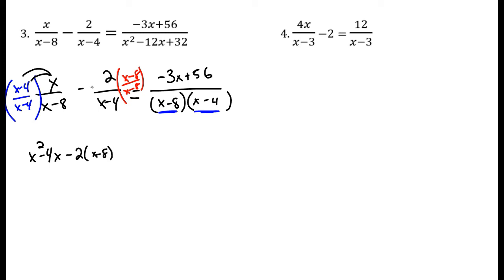You're not distributing a 2, you're distributing a negative 2 there. Be careful with those negatives, they're very easy to lose. x squared minus 4x minus 2x plus 16, because I'm distributing a negative 2, equals negative 3x plus 56.